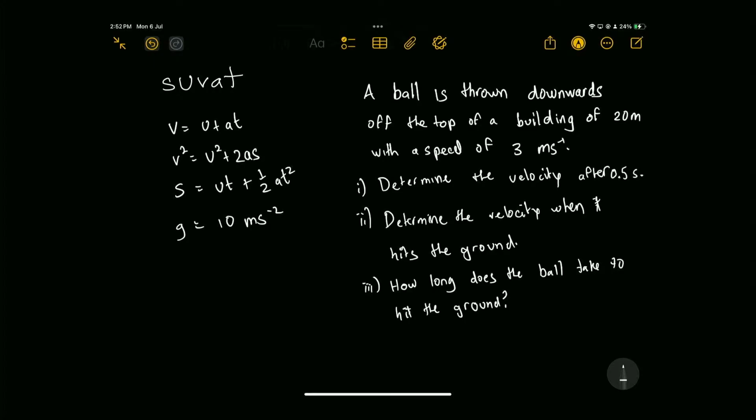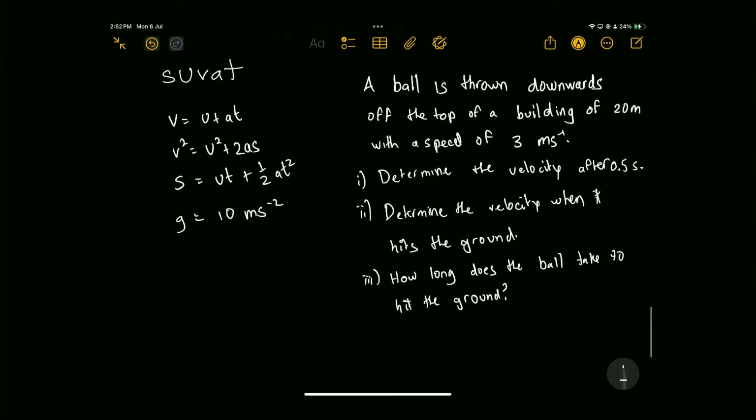Okay, so let's start. The question didn't ask for direction, so in this case you don't need to specify the direction. So after 0.5 seconds, we could use the first equation for this.